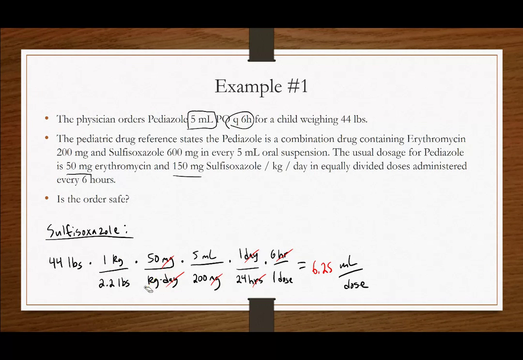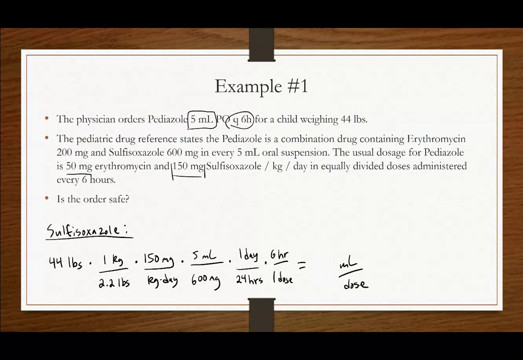One piece of this that will change is, of course, the dosage recommendation. So instead of 50, we now have 150 milligrams. We have, instead of in the solution that is 5 milliliters for 200 milligrams, we now have 600. The rest of our units will remain the same.